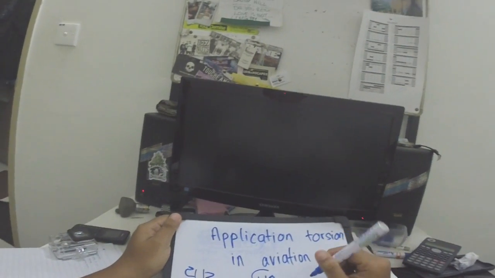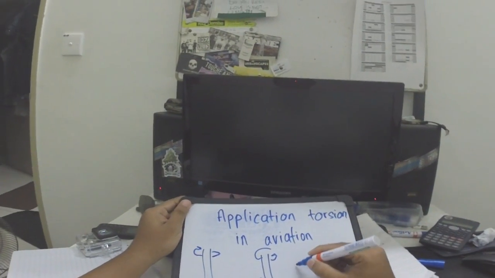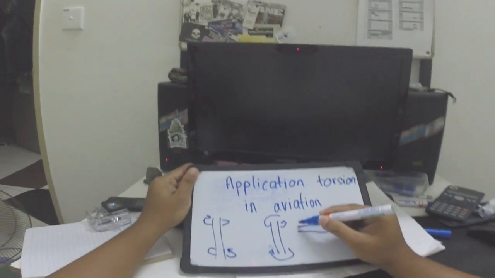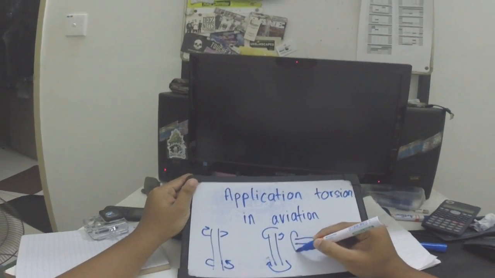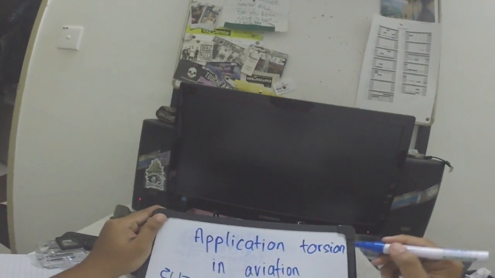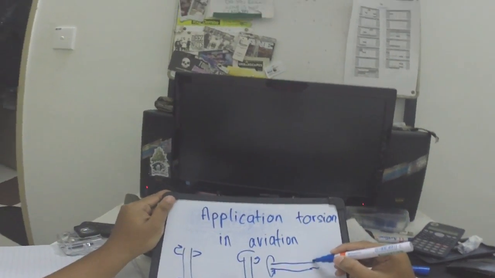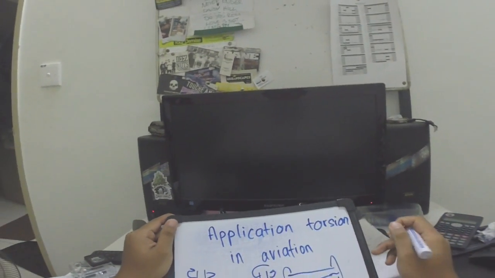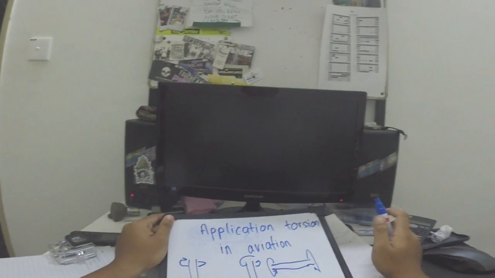And the other one is the turboprop engine. This is the shaft. The turbine will rotate anti-clockwise, and the propeller will turn in the clockwise direction. And that's all the application of torsion in the aviation industry.